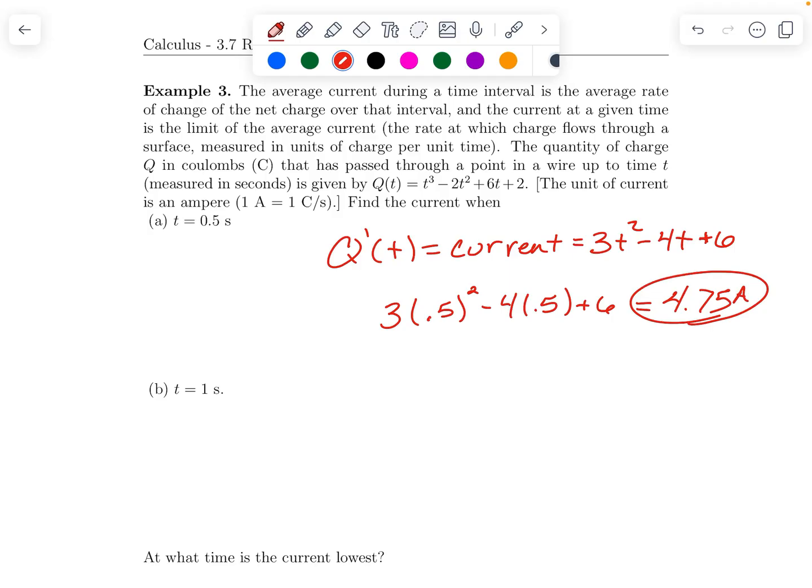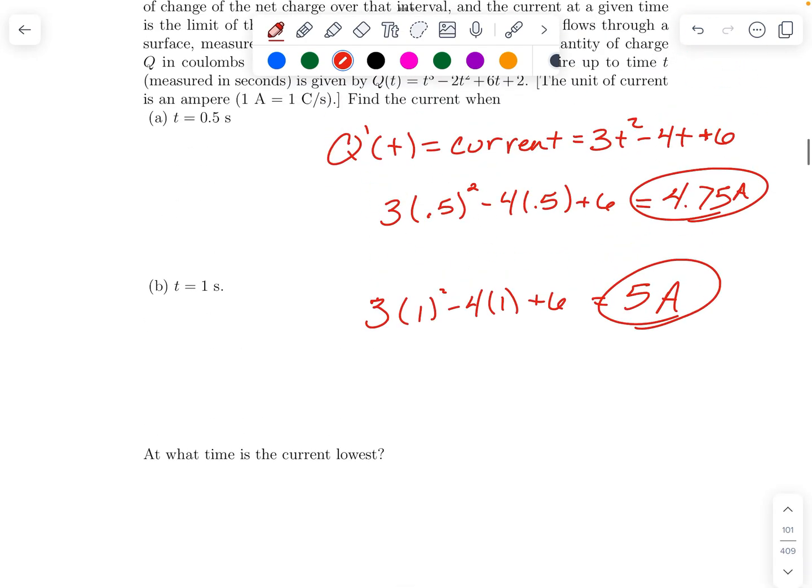If I want the current at time is 1, it's just 3t squared minus 4t plus 6, which is 5 amps. And when is the current lowest?